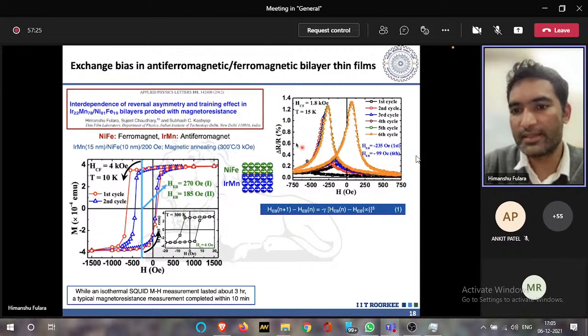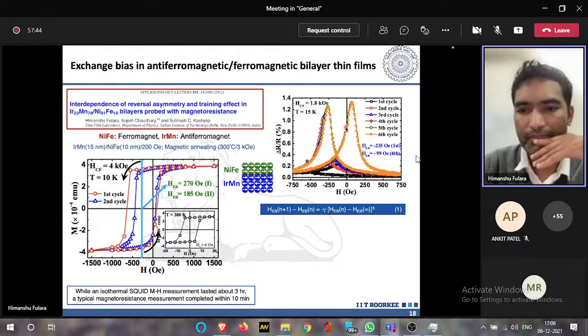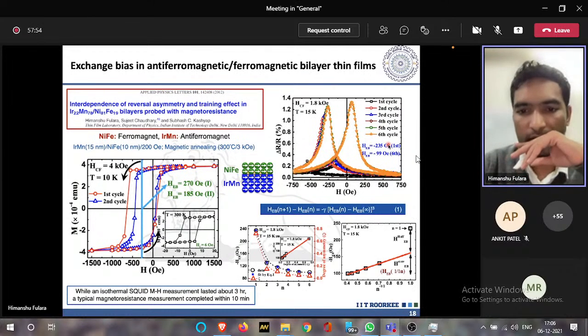This asymmetry goes away because of the instability of the spins at the interface. When you repeat the measurements, this instability gets reduced, so your spins get more stable at the interface, and then they basically translate into a symmetric magnetoresistive response. So this is the effect. This is the experiment which I have done during my PhD, and we recorded this behavior and did some analysis which I will not go into detail.